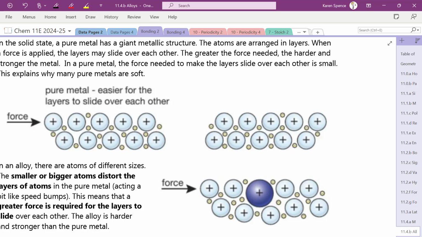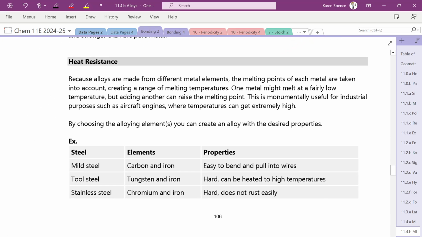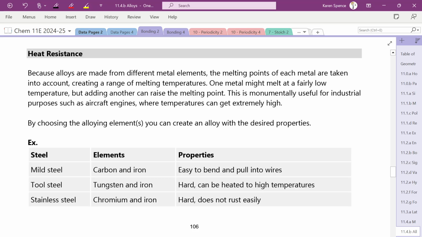Have I lost you all entirely? Has it been too long of a week? What's going to happen when this one tries to slide? It's all going to move, but is it going to move as easily as this one? No. These all just kind of slide, whereas this one kind of has to go, right? It has to kind of bump over into the next one. Yes? Okay. Heat resistance. You get more heat resistance.